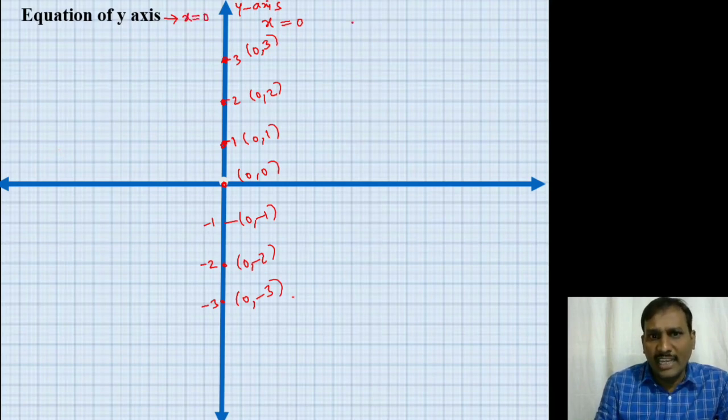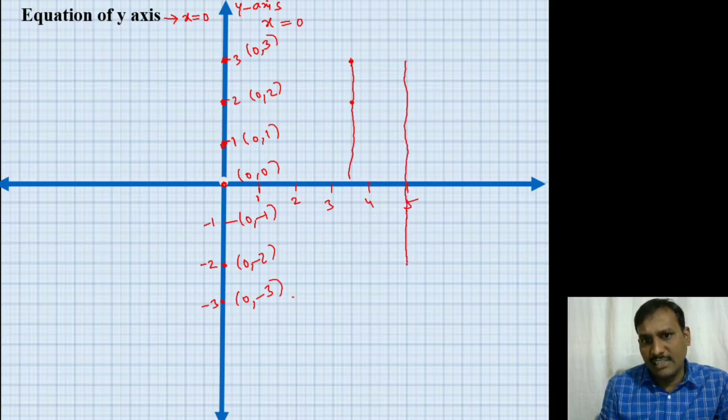Now you take any line parallel to y-axis. Let us say it is passing through point 5. What will be this point now?